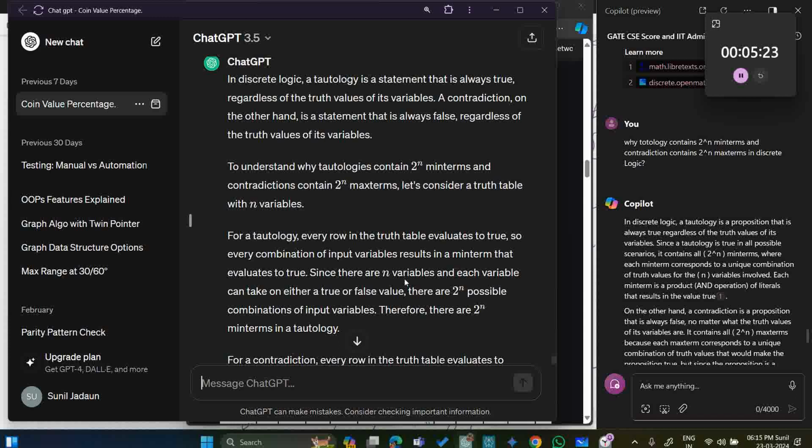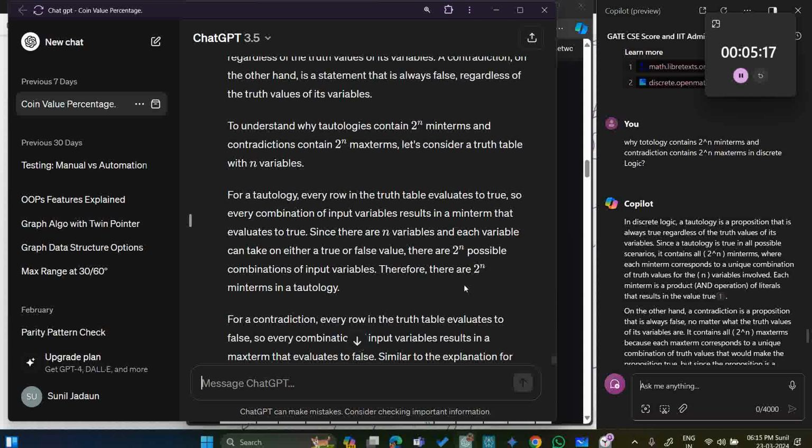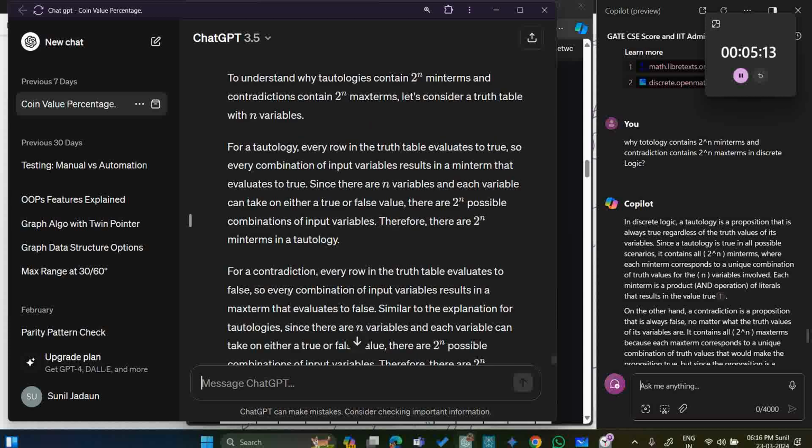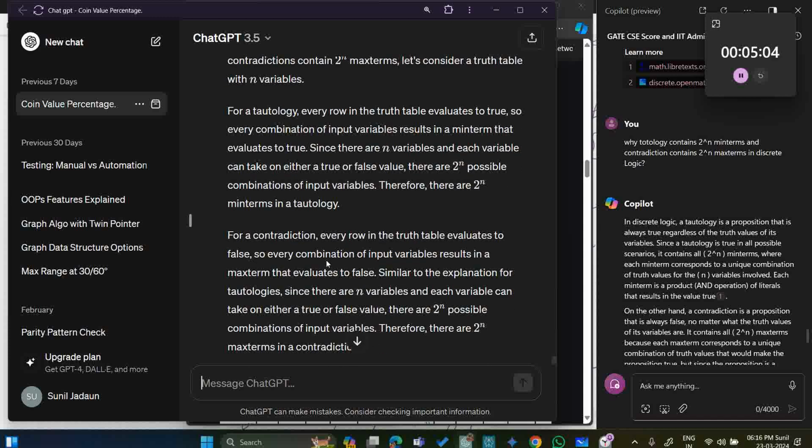Since there are n variables and each variable can take either a true or false value, there are 2^n possible combinations of input values. Therefore, there are 2^n minterms in a tautology. For a contradiction, every row of the truth table evaluates to false, so every combination of input variables results in a maxterm.